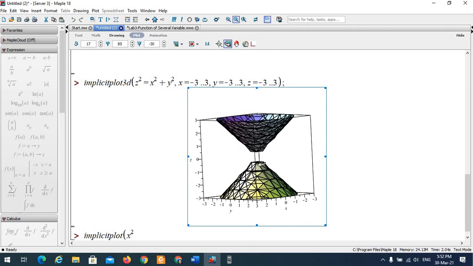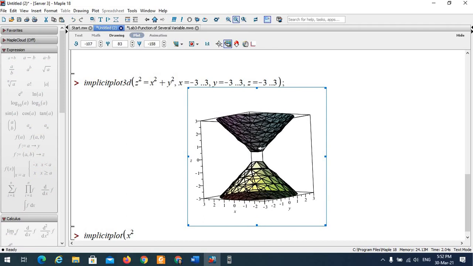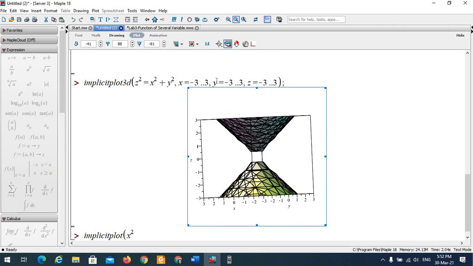But in the plotting, it is supposed to be connected, but maybe the x, y, z values that I put are not correct.